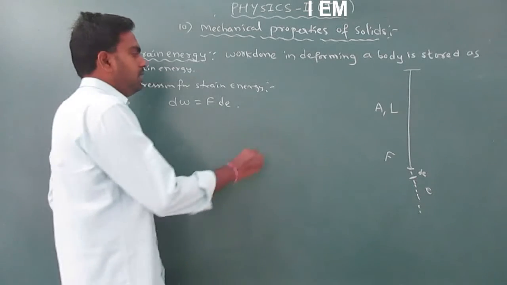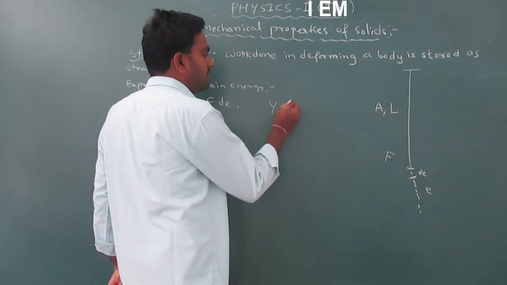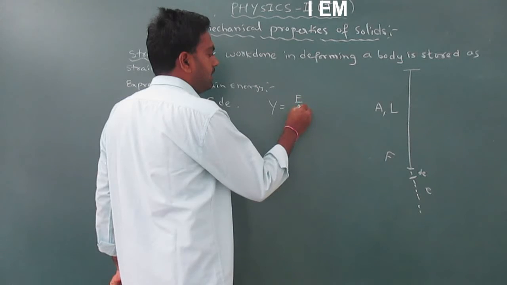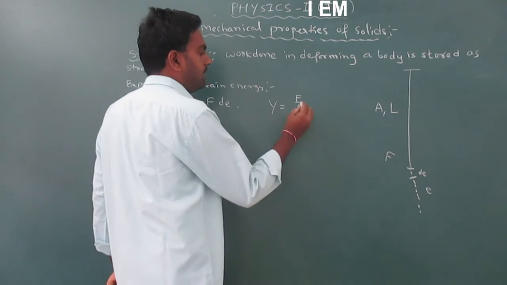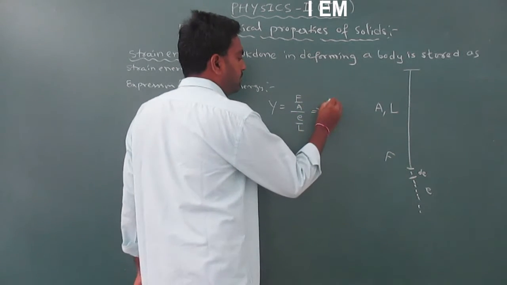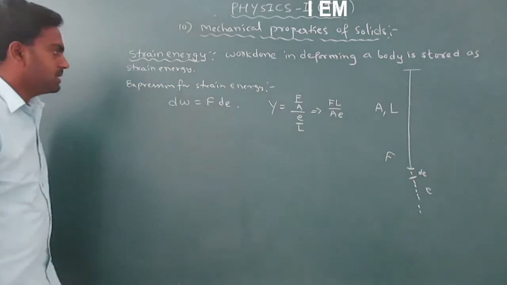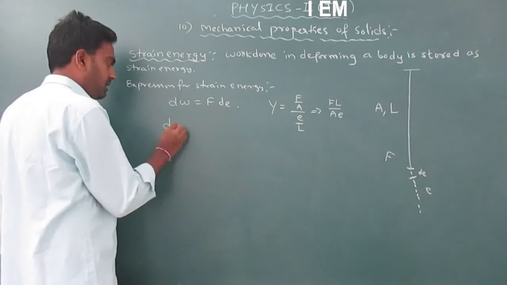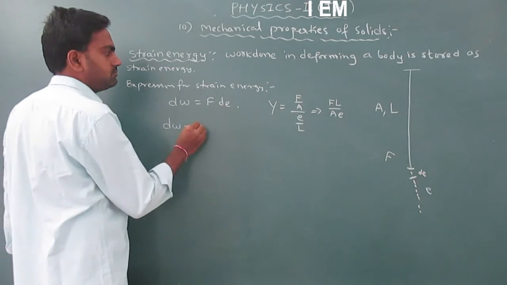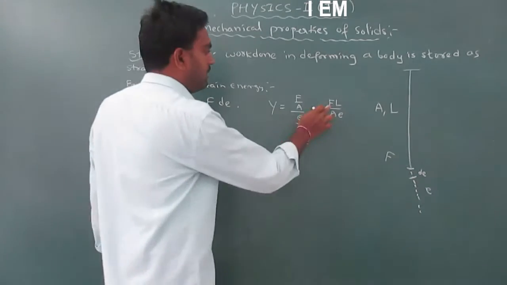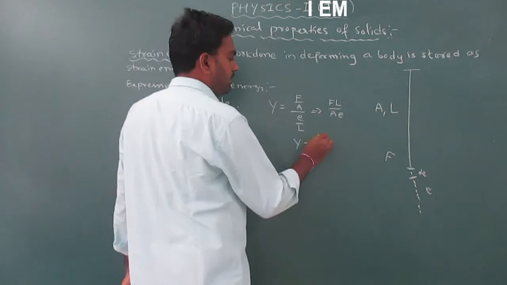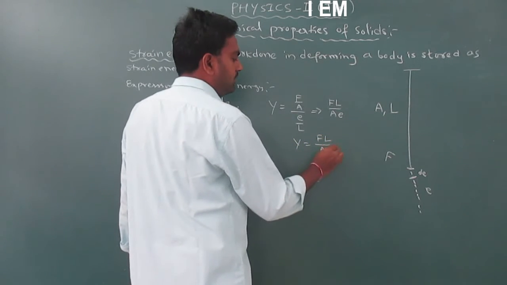According to Young modulus, Y is equal to F by A by e by L, so Y is equal to F L by A e.